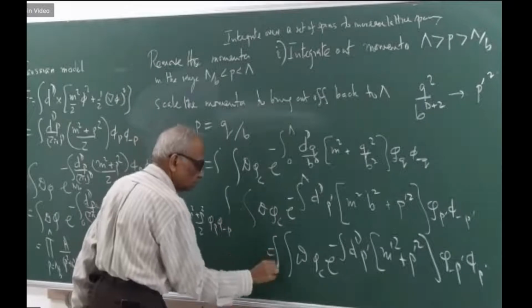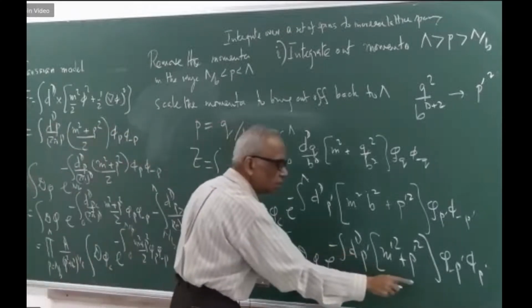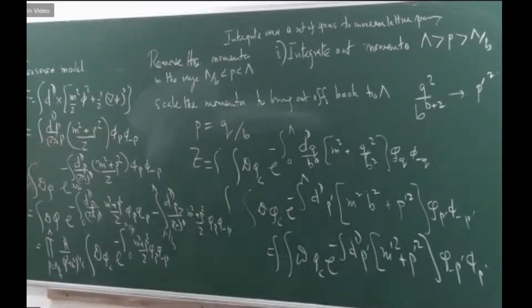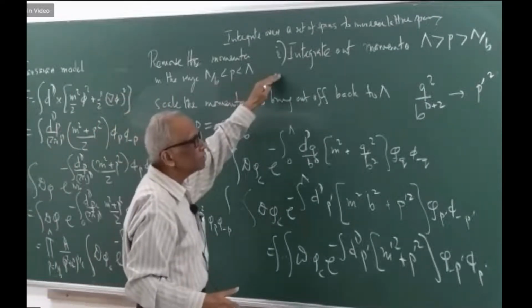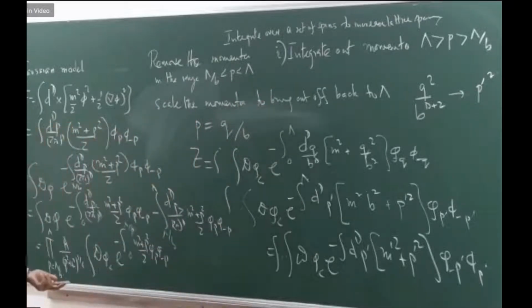there is some sitting over here. After this sequence of steps, what I had over here is back in this form over here. So this integrating, rescaling, so removing these degrees of freedom, and then rescaling the fields to bring it back exactly to the same form as before.